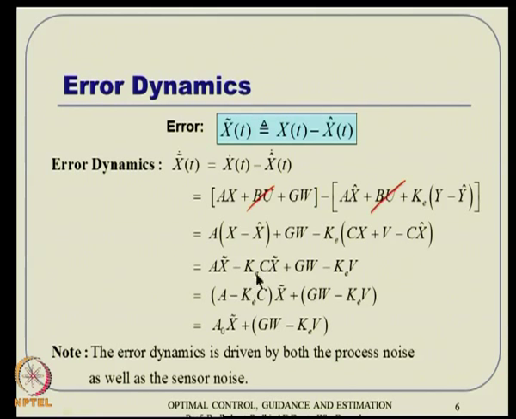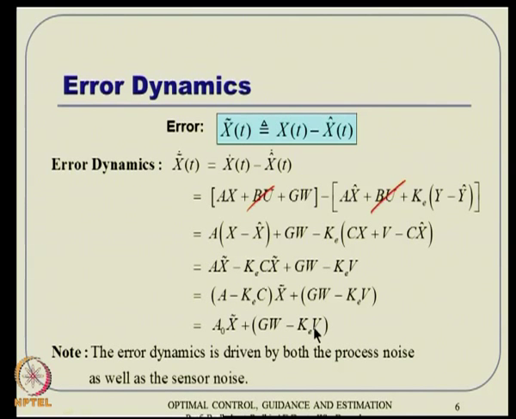Alright, so then we can combine these two, and because x tilde is common you take it out, and are left with that term. I can define this particular thing as A 0, and then it turns out to be x tilde dot is A 0 x tilde plus this quantity G w minus K e v.